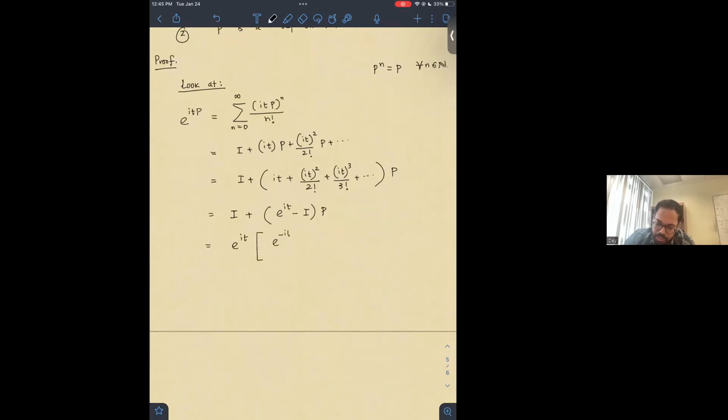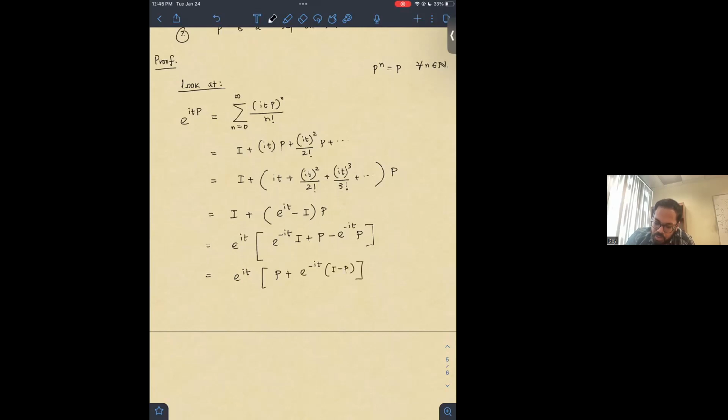I can write it as e to the negative it (I plus P) minus e to the negative it of P as well. And now you can combine them to write P plus e to the negative it times (I minus P).